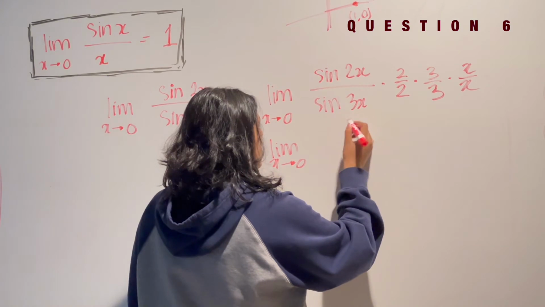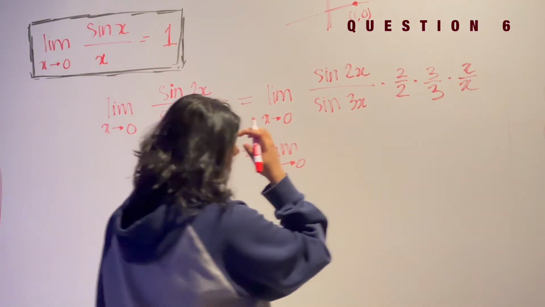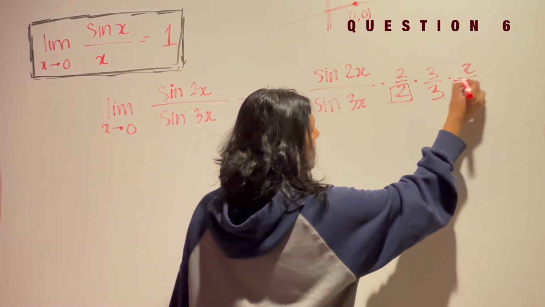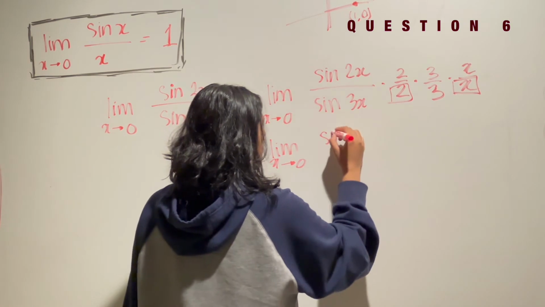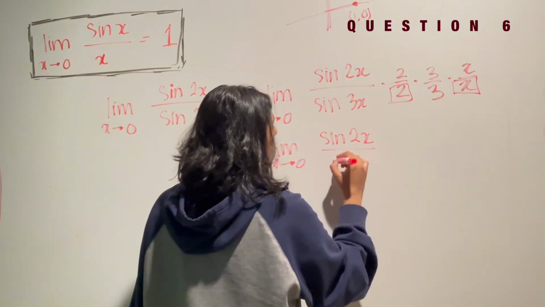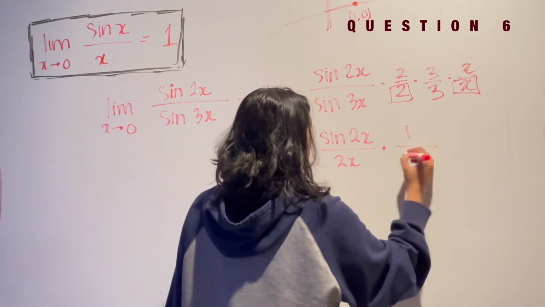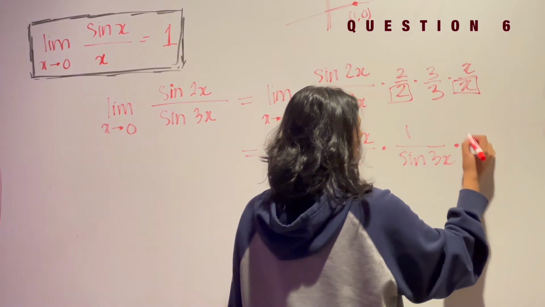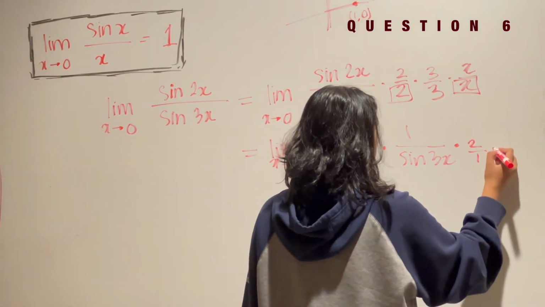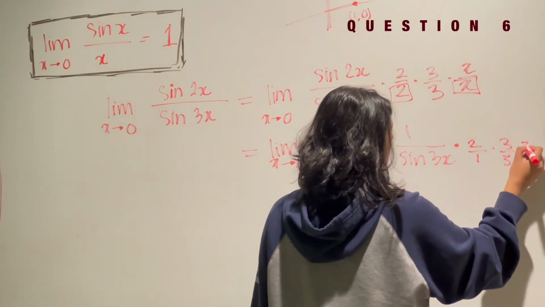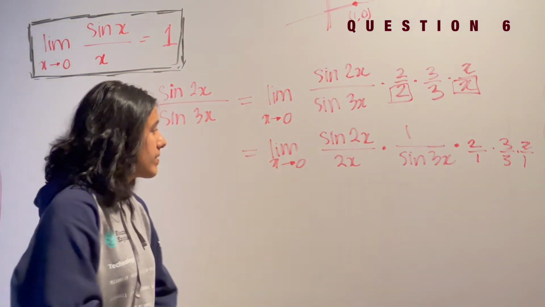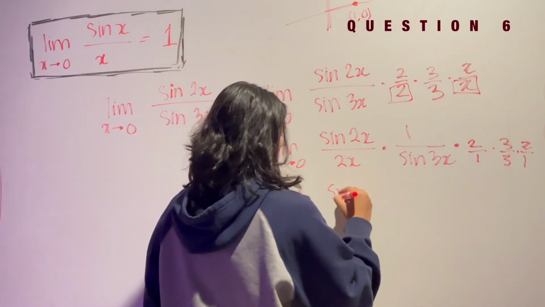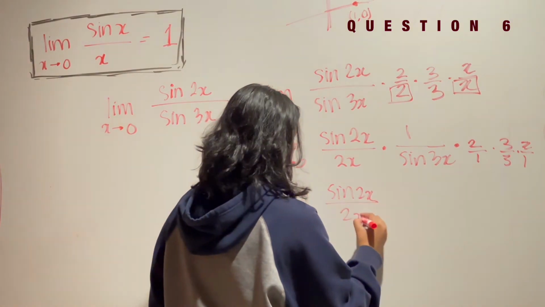So let's take away the sine 3x for a moment. Let's get 2x and 3x. Now if we do this, we can get sine 2x over 2x times 1 over sine 3x. And we also have 2 over 1 times 3 over 3 times x over 1. Alright, so let's rewrite this again. Sine 2x over 2x.